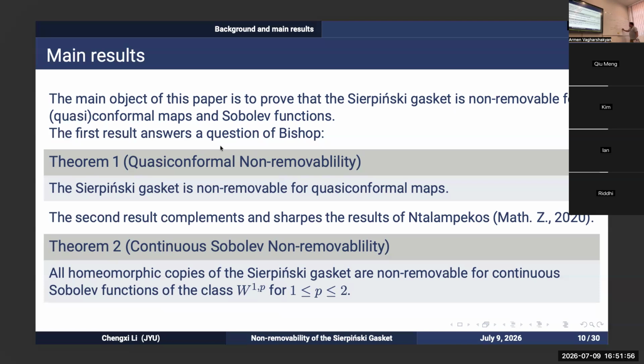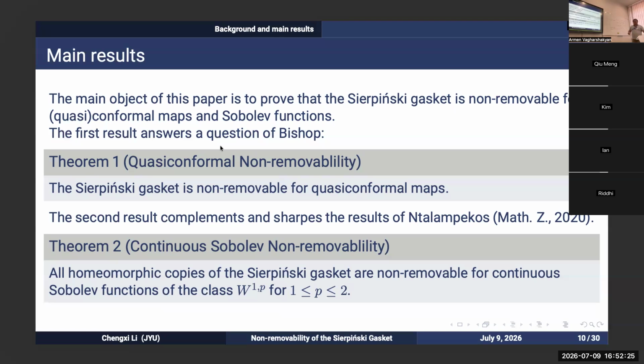This is also proven by Ntalampekos in the Indiana paper. Of course, this one derives the non-removability of that one. So now we can give the full answer of this removability, not only the quasi-conformal removability, but the Sobolev removability of the gaskets and the carpets.